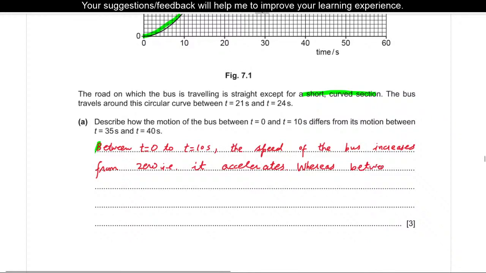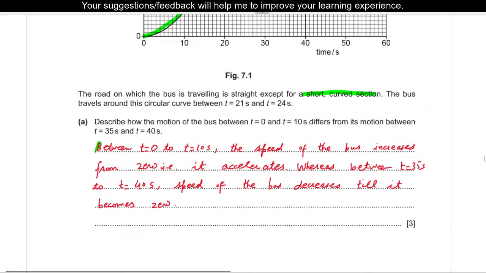Whereas between time 35 seconds to time 40 seconds, speed of the bus decreases till it becomes 0.